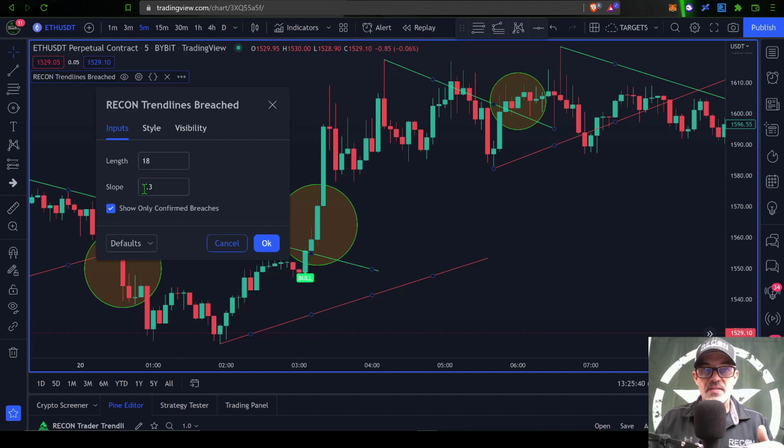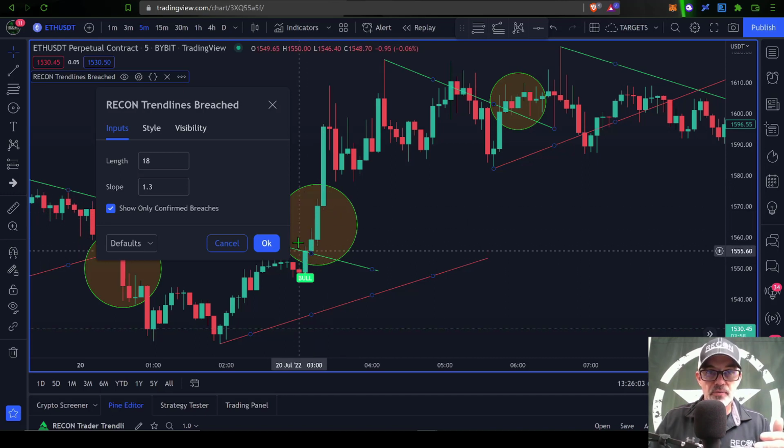Now, by making that simple change on the slope, you can see that we have lost one of the signals, and in fact, that's a losing signal. I can tell you just by eyeballing it. However, we also improved a signal on this candle, where we originally received the breach of the trend line.